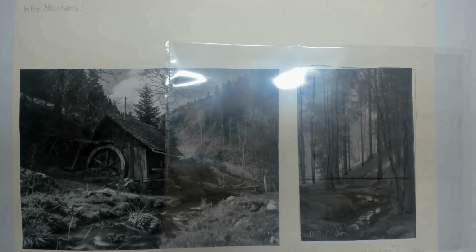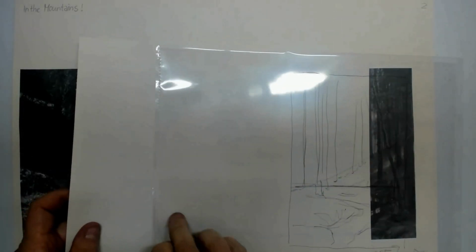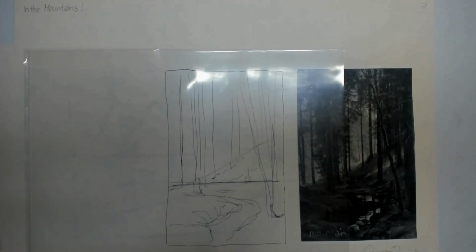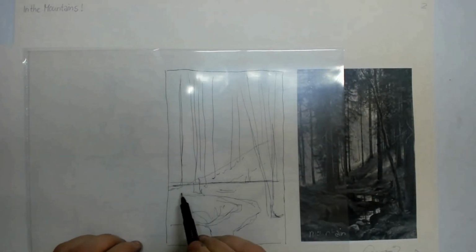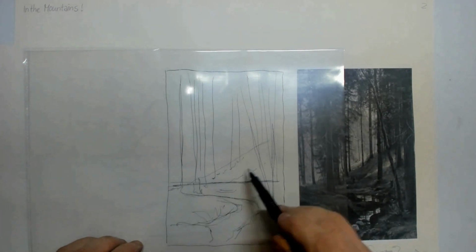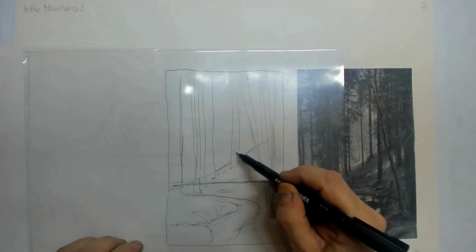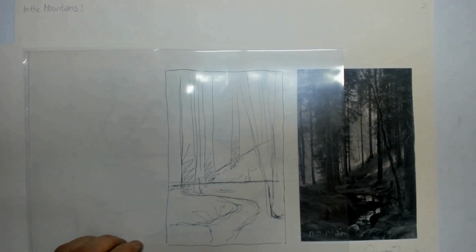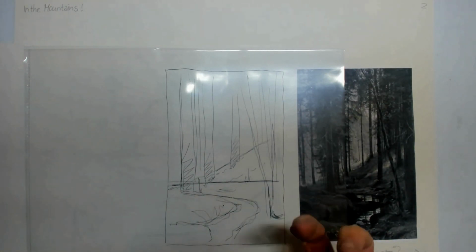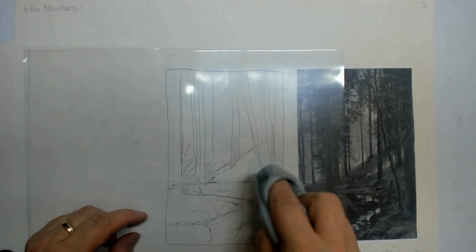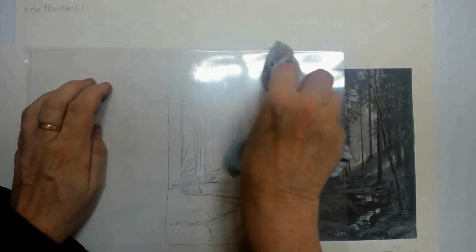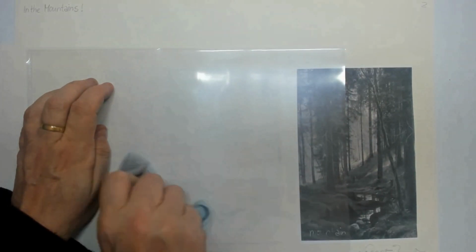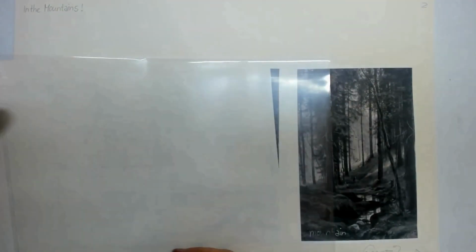So it is a little bit of guesswork, just guessing where our horizon is, but it would be around here. And of course you don't have to draw in the horizon, because if you don't see it, then you don't have to draw it. But you do have to know where your horizon is, so you have a grab on deciding what your composition will be.